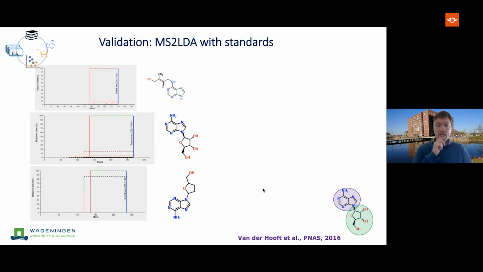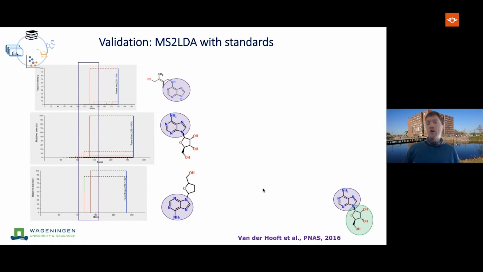I chose this example for two reasons. The first is that the first ever MS2LDA result that I checked, where I was able to say, okay, yes, there is promise, was because I saw this motif for adenine appearing. Here we look at the same or similar motif, where we see that these three structures share the same adenine core substructure.